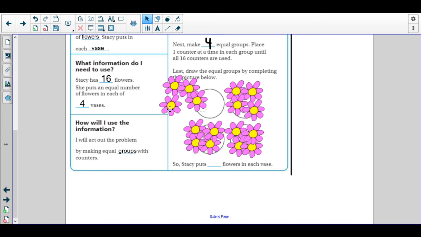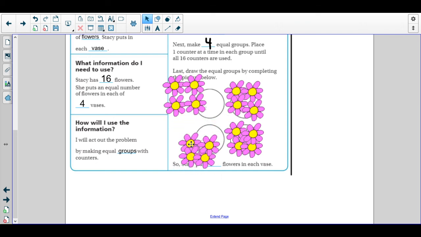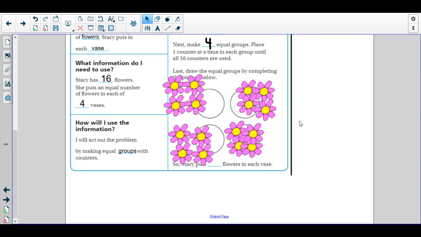So let's see if we can't get some of these vases here. We'll get them kind of spread out so we can see what we have. So there's one right there. And right here. And let's get this one out through here.